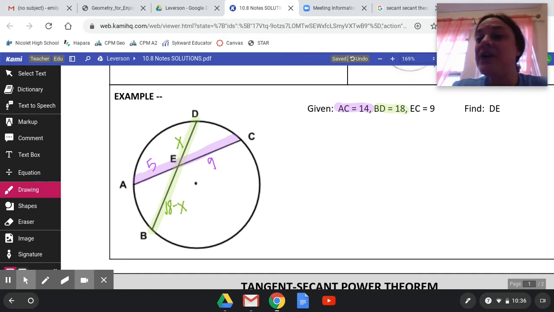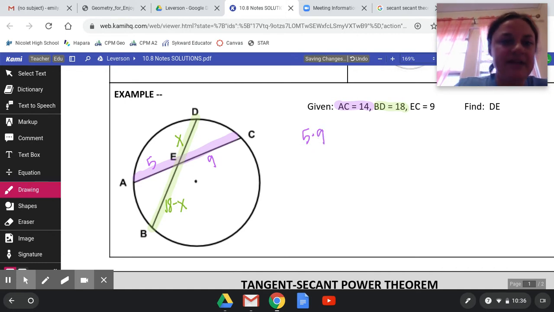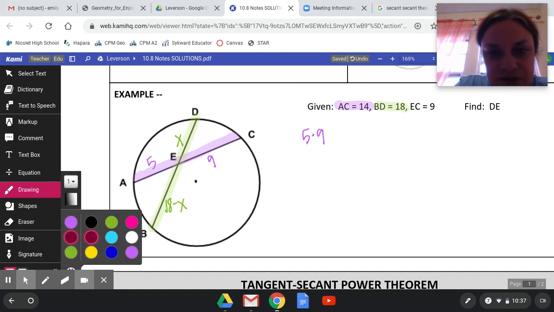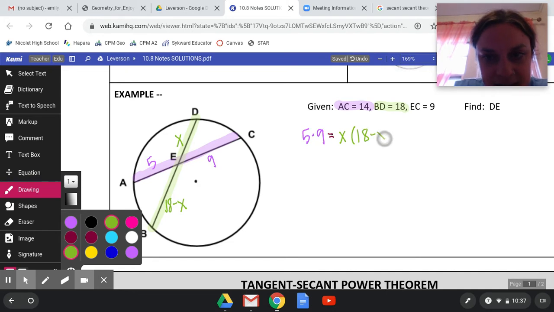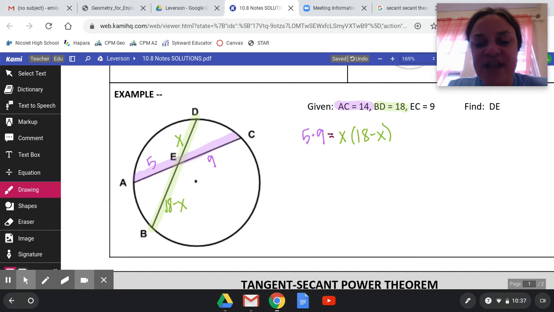Okay. So now to solve for X, I need to just multiply down the segments. Multiplying down AC, AE is 5, EC is 9, so 5 times 9 has to be equal to X times 18 minus X. Not so bad, just setting it up.